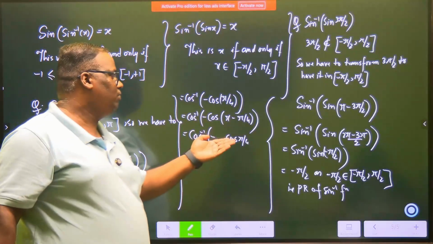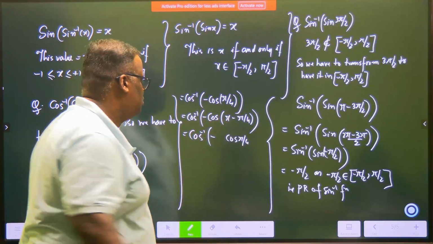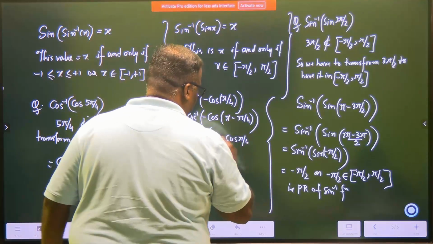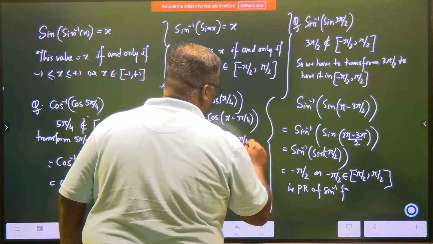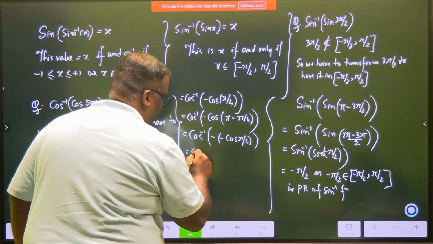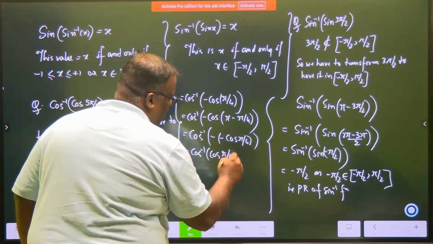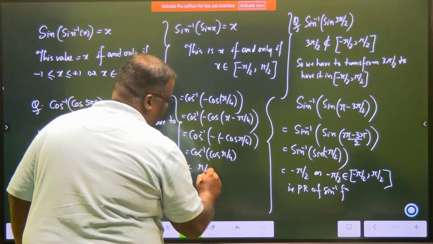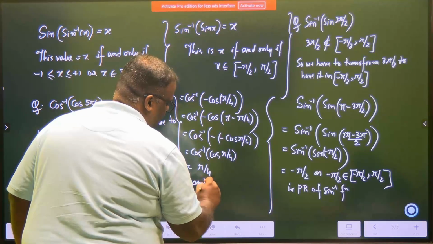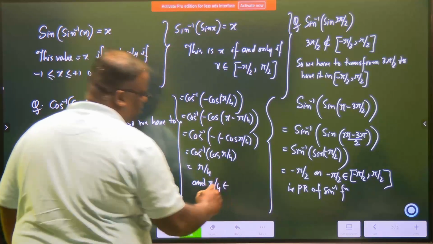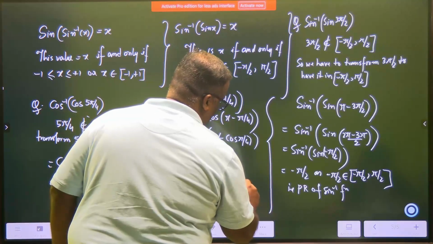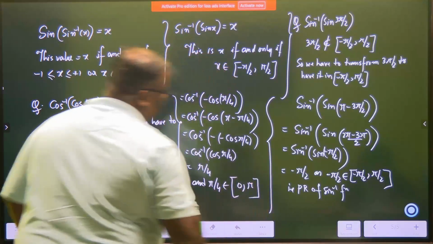And cos pi by 4 will be negative. So a negative of negative will make it positive. And finally you get the answer as pi by 4, and pi by 4 belongs to 0 to pi. So your answer is valid now.